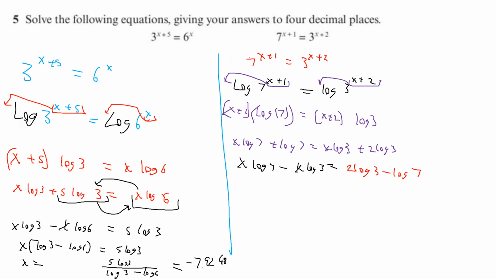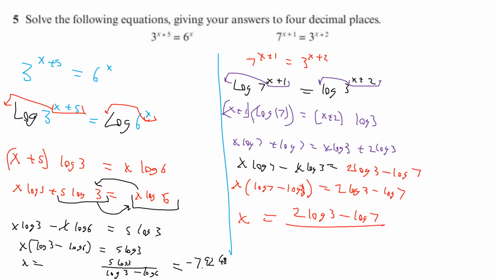Now let's factorize. So this is x times log 7 minus log 3, which is equal to that, 2 log 3 minus log 7. And so x is equal to 2 log 3 minus log 7 all over log 7 minus log 3.